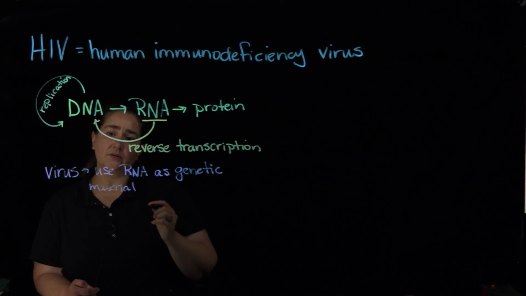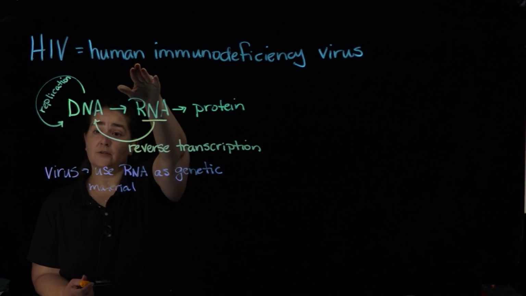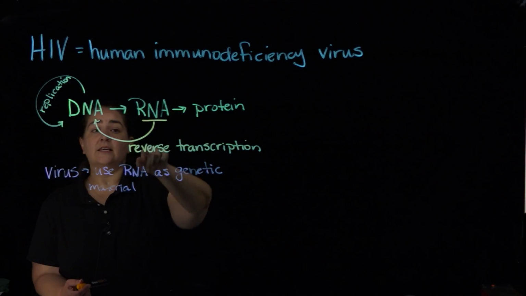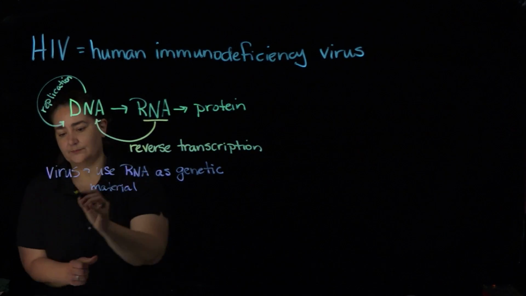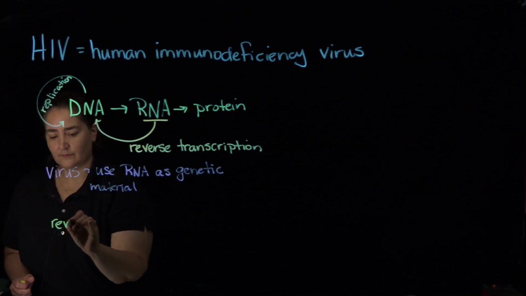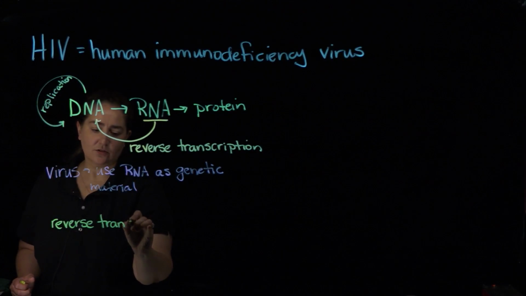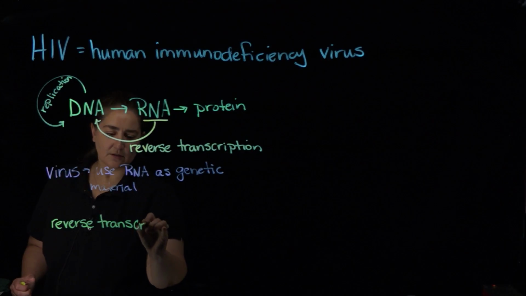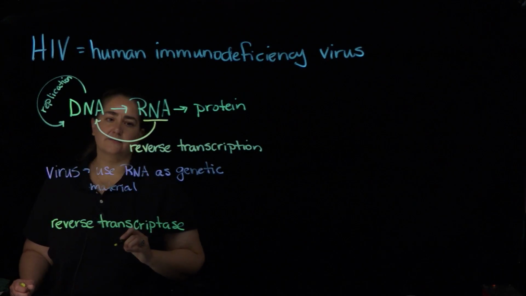So what happens when that virus that's made of RNA, and the human immunodeficiency virus is one of those types of viruses, it's going to bring in an enzyme that is unique to the virus called reverse transcriptase.